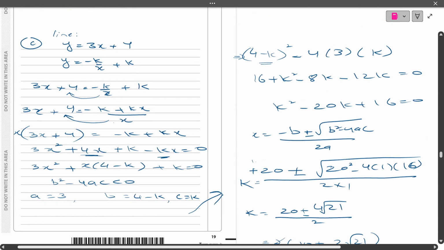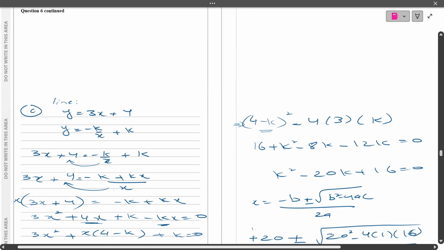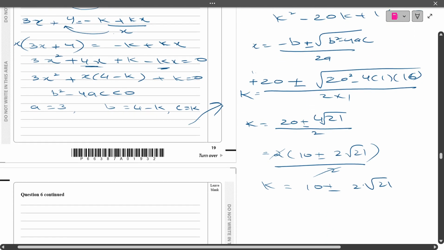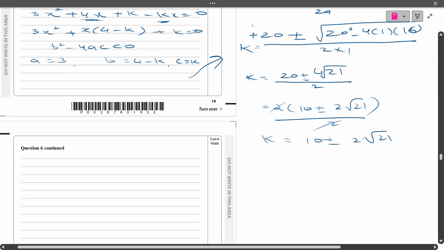This is the critical value for k, but I know that this is less than 0, because of the discriminant, because the line doesn't touch the curve. That's why.